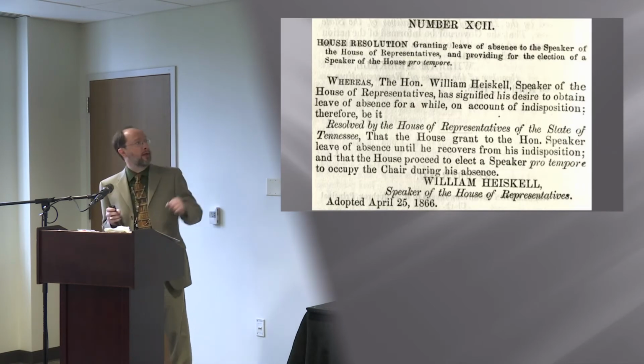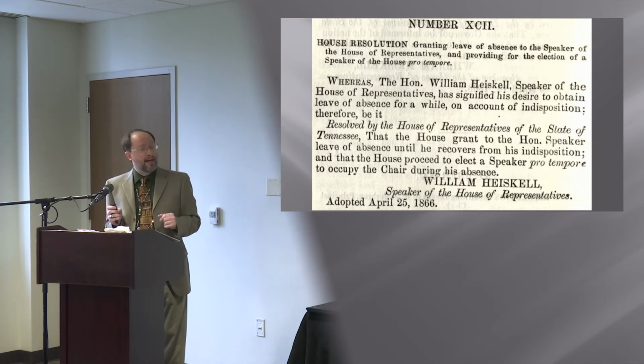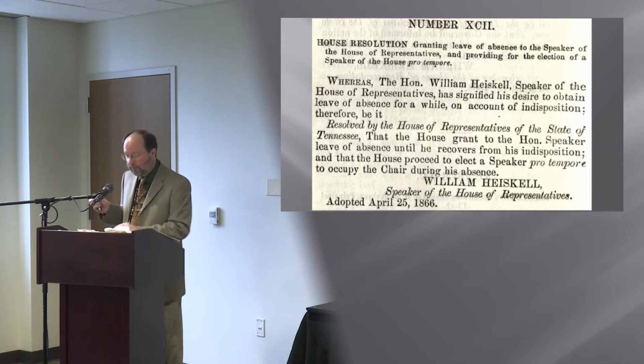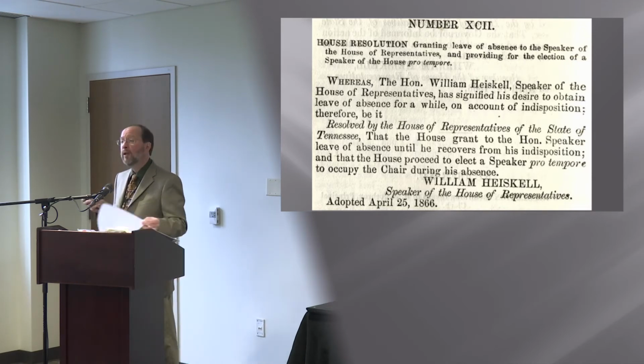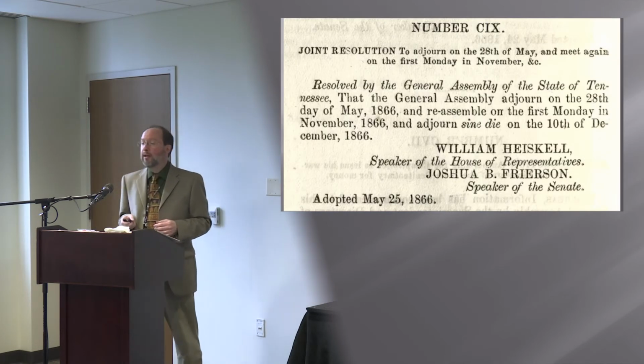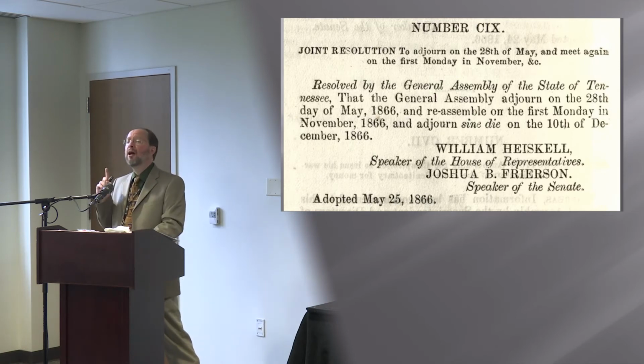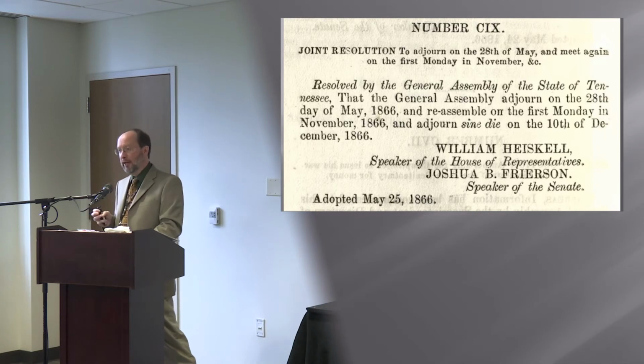Eventually, the pressure even got to Speaker William Heiskell, who had to take his own leave of absence. He did manage to sign the resolution himself before taking a few days off, and a Speaker pro tem of the House was elected. They finally adjourned May 28, 1866, but planned to reconvene again in November 1866, and finally adjourned sine die in December 1866.